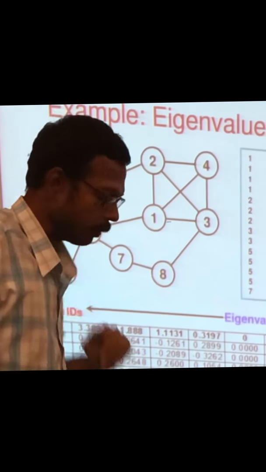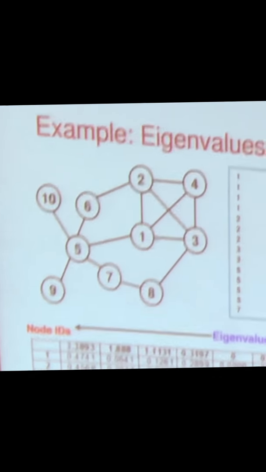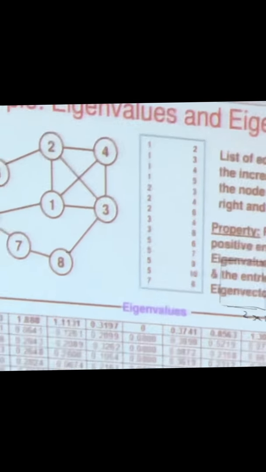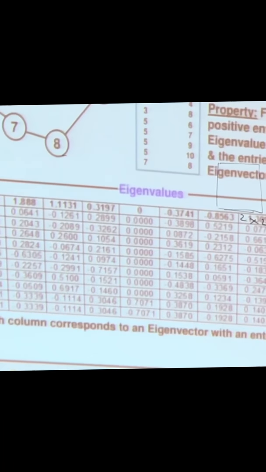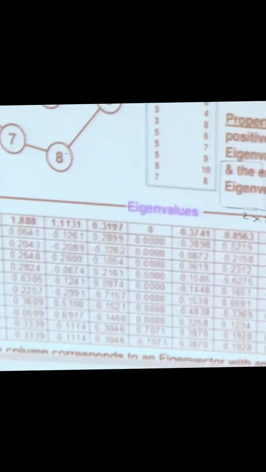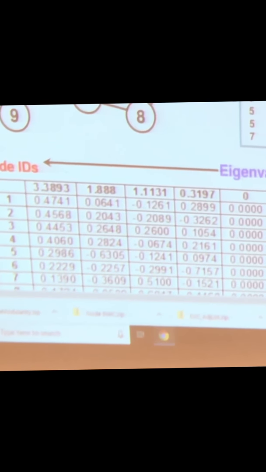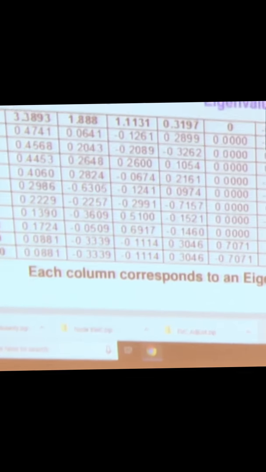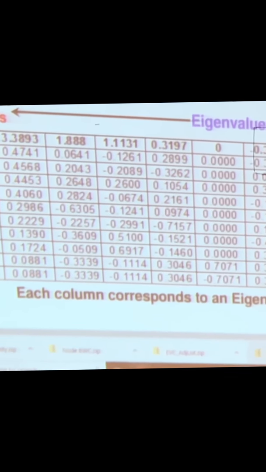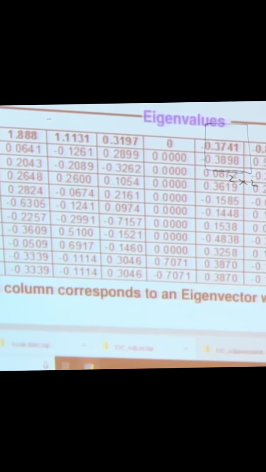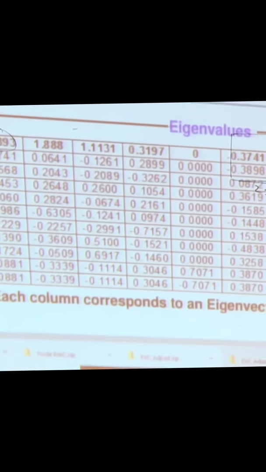Okay. Now, one more property. As I said, each eigenvalue has a corresponding eigenvector, right? So what I have shown here, let me blow it up a little bit. These are the eigenvectors for each eigenvalue. So 3.3893 is an eigenvalue, like the 4 here.